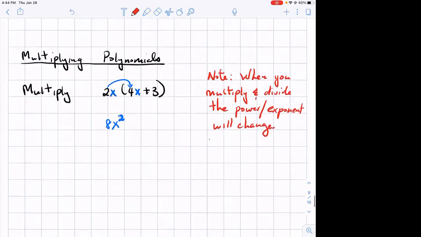And this is not so for addition and subtraction.